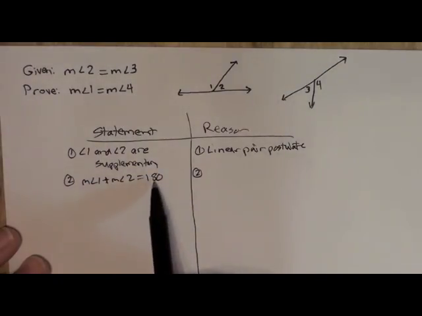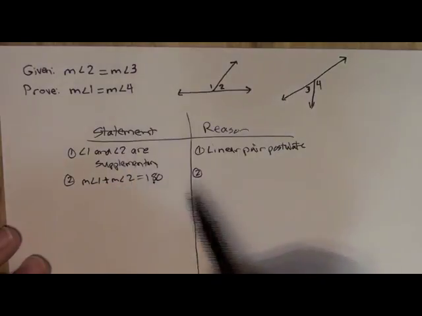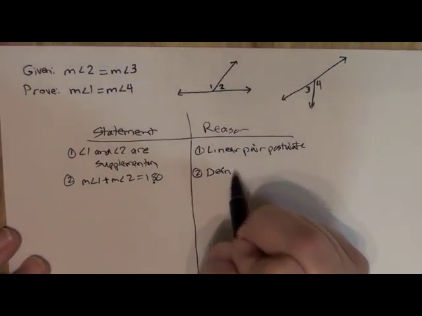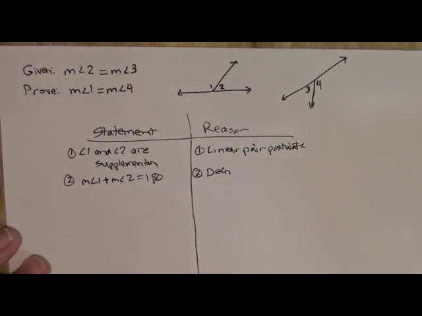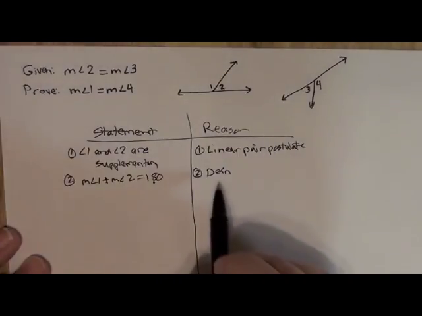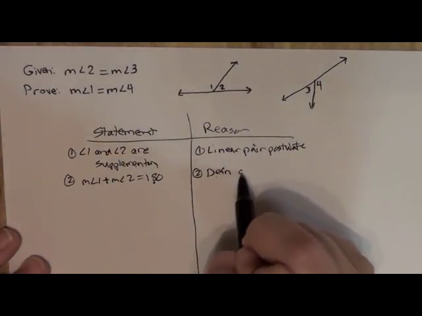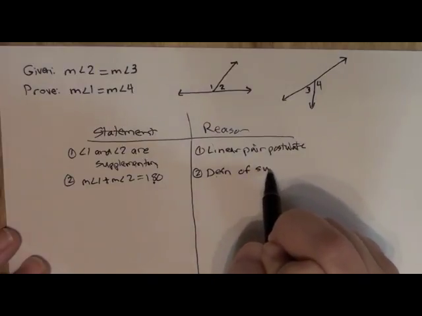And how do we know they have to add up to 180? Well, because they're supplementary, and that's what supplementary means. If you find yourself saying, because that's what it means, that's what the word is, then you're probably looking for a definition for your reason. The definition of supplementary.